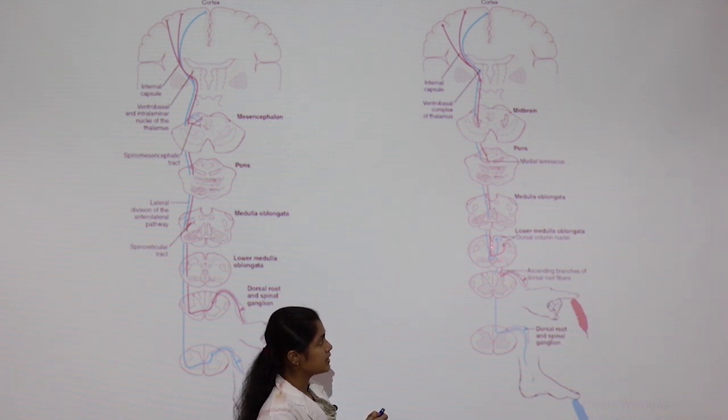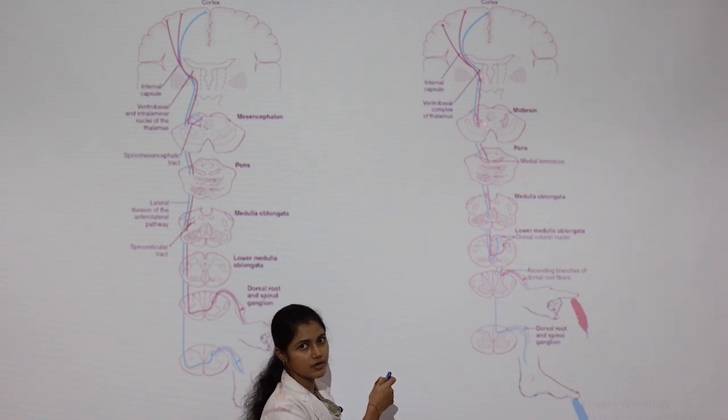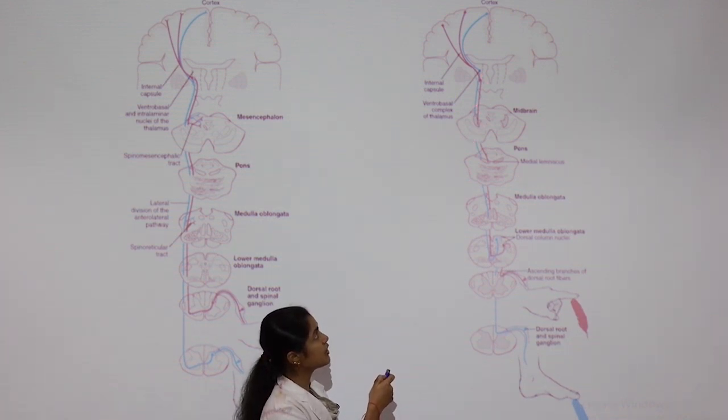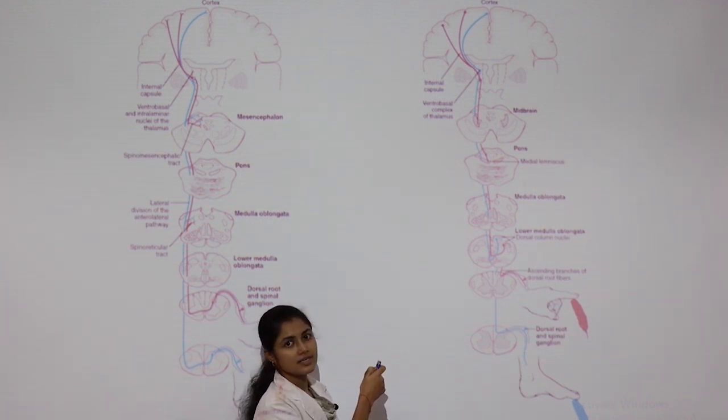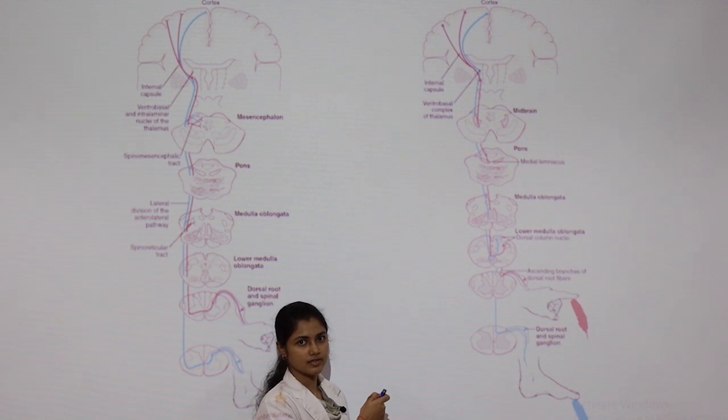and they end in the nucleus gracilis and nucleus cuneatus, which form the second order neuron. The axons of the second order neuron cross to the opposite side and ascend upwards up to the ventroposterolateral nucleus of the thalamus. From here the third order neuron arises and it reaches your cerebral cortex, that is your somatosensory cortex.